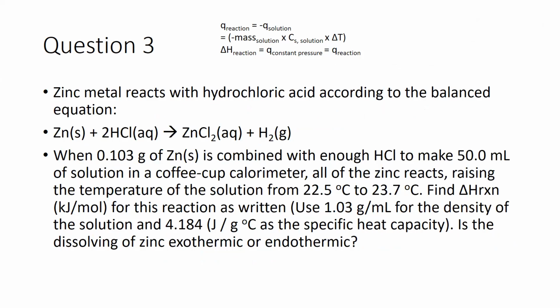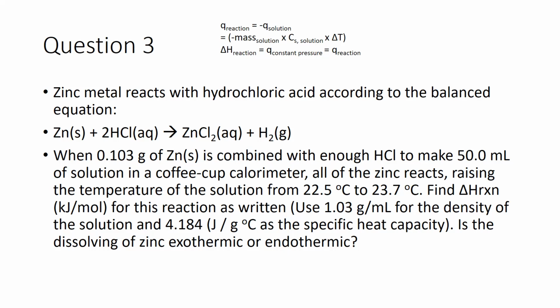So question 3 says, you have zinc, and zinc will react with hydrochloric acid according to this reaction, where you have zinc and 2 moles of HCl makes zinc chloride and hydrogen gas. So let's say you put 0.103 grams of zinc. You can combine that with enough HCl to make 50 milliliters of solution in a coffee cup calorimeter.